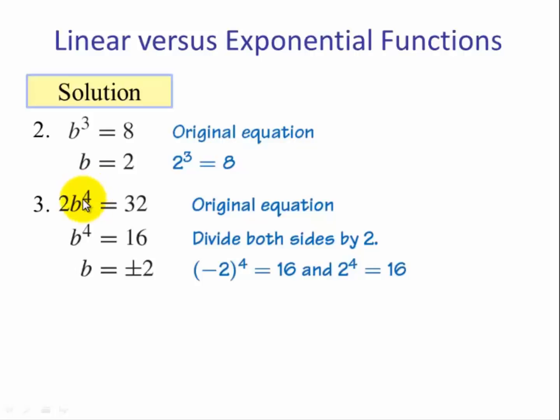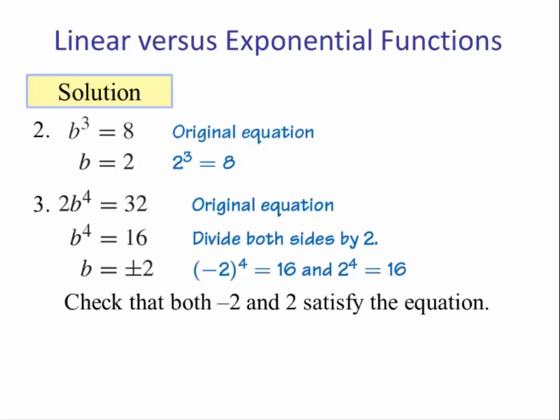But because this power is even, -2 also works, because -2 to the 4th power gives me +16. When you have negative numbers raised to an even power, they produce positive numbers. So our answer is b equals plus or minus 2.